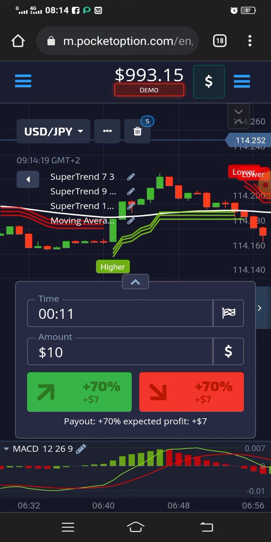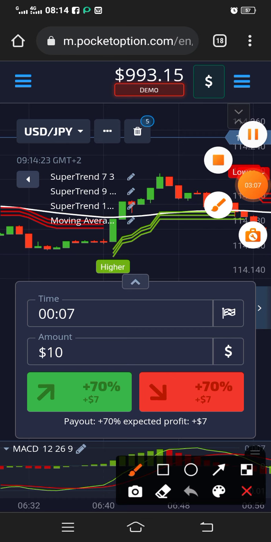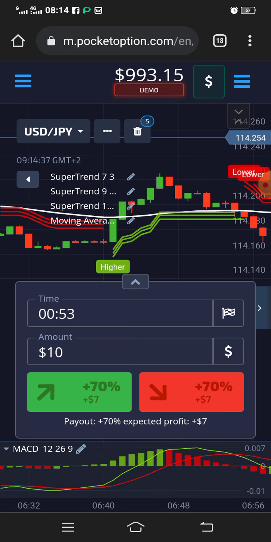The last condition you will see before you buy, you say buy when your MACD, the MACD green line is above the red. Look at what we have here. MACD green line is above the red. This is when you buy. And it's curving. It's above the red.